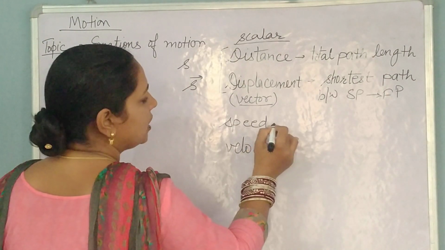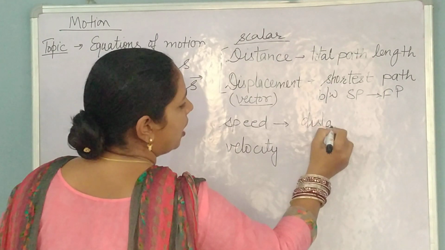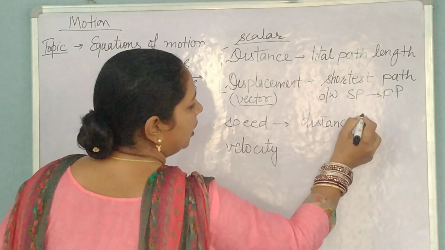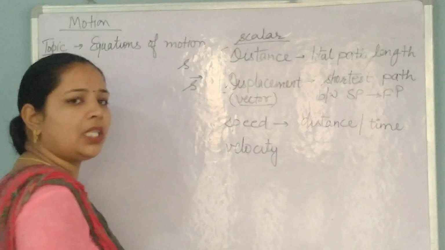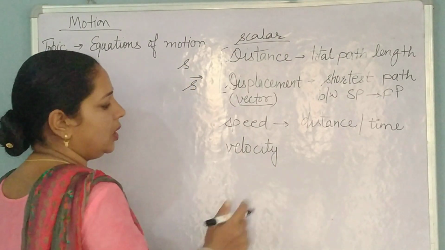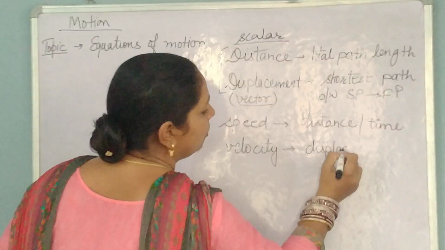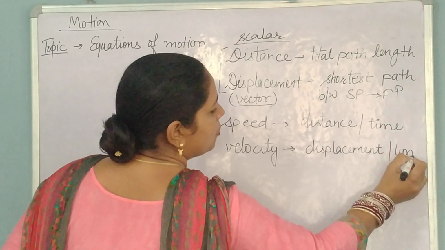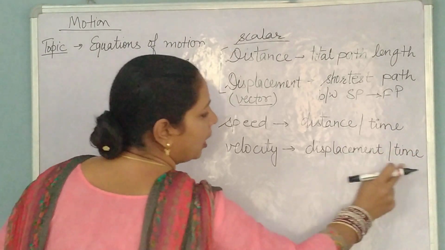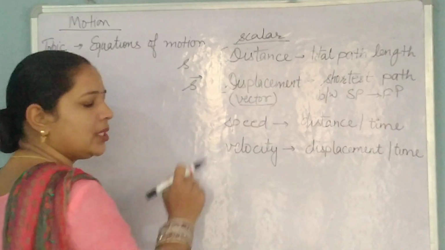Next terms that we have studied are speed and velocity. How will we define speed? Speed simply means distance travelled by a body in a given time. So distance per unit time is known as speed, and displacement per unit time is known as velocity.